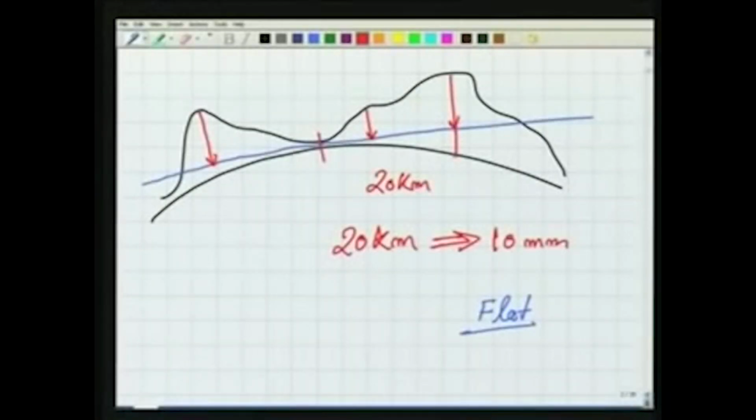For all those cases, we can consider our earth to be flat, because it doesn't matter. The differences in the distances is very less if you consider to be flat or not flat. Okay. So this kind of surveying, when we consider our earth to be flat, is called plane surveying.